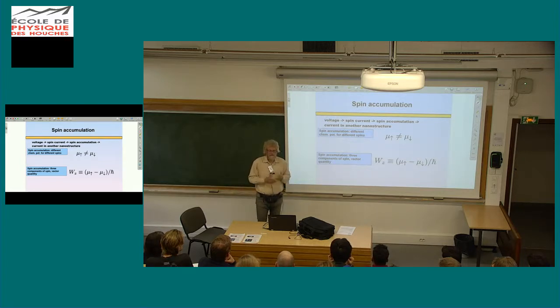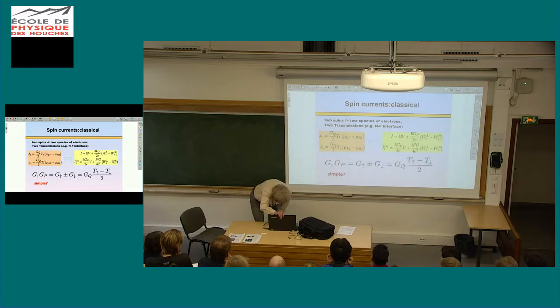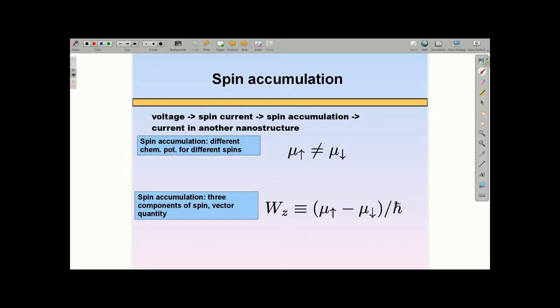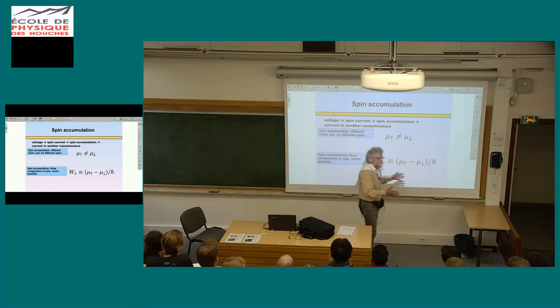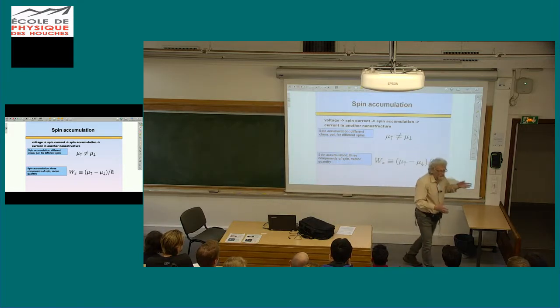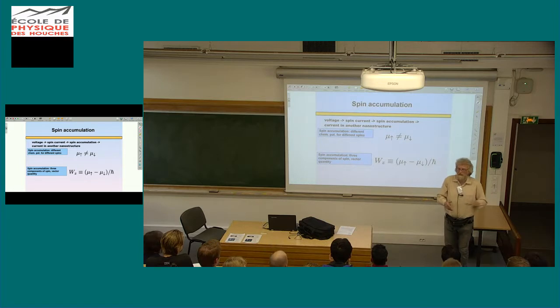So the spin accumulation can also be detected with a spin filter. That's how most experiments are done. One needs another spin-active nanostructure to measure spin current produced by the first nanostructure.